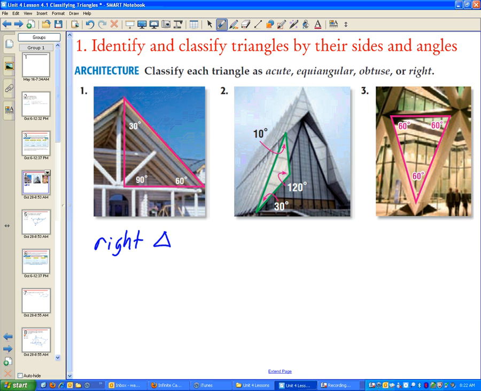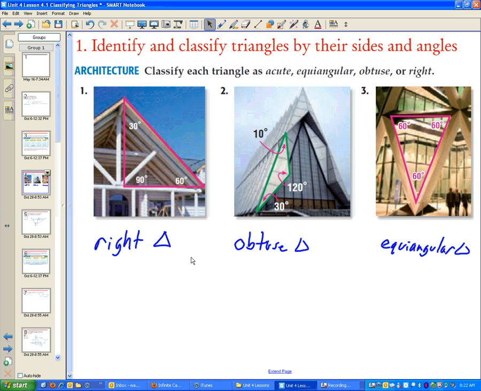All right, what's number two? Obtuse. And number three? All right, so not the most difficult thing you've ever done, correct?